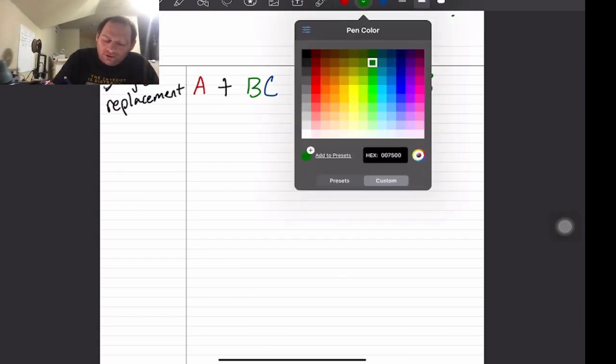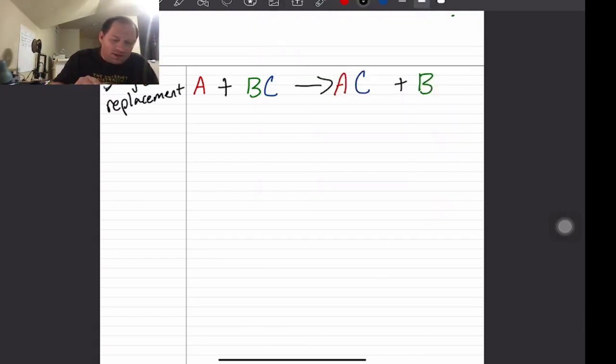Let me write down the equation for this. Let's pick aluminum, Al, plus Cu(NO3)2. We'll say there's 3 of those just for the fun of it.